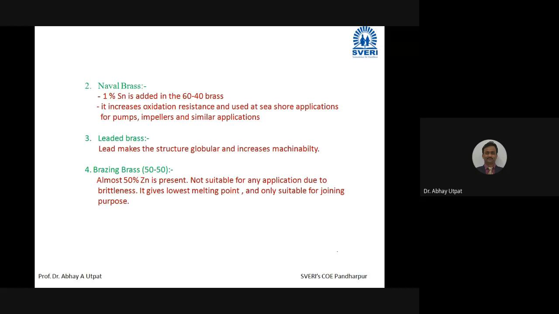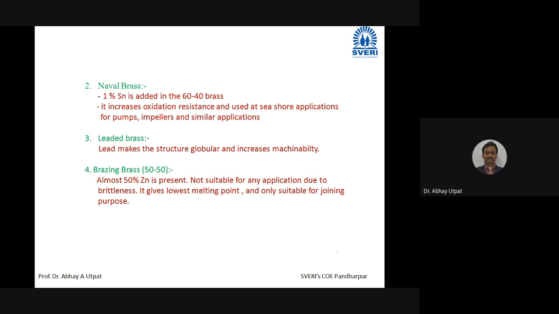Because of it, it is extremely brittle, and then gamma phase will also appear, which is also brittle beyond 50%, and that alloy is of no use. Just as in the iron carbon system, an alloy with more than 6.67% carbon is not used, in the same way, more than 45% or 50% zinc alloy in the copper zinc system is of no use.